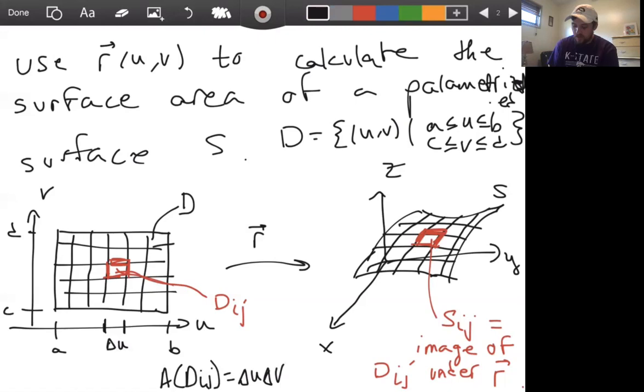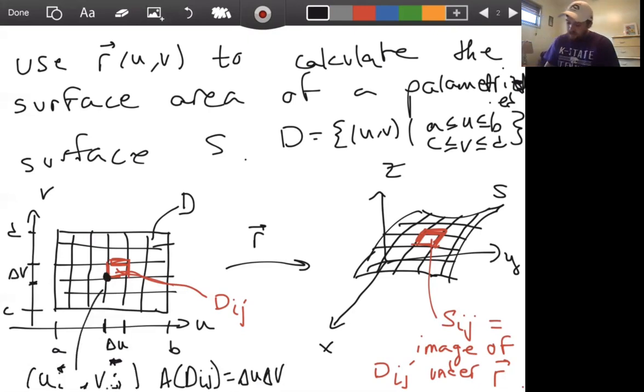And so these subrectangles Dij have width delta U, and they have height delta V here. We also want to indicate the point that's the lower left corner of these rectangles Dij. We're going to call these points Ui star and Vj star. Okay.